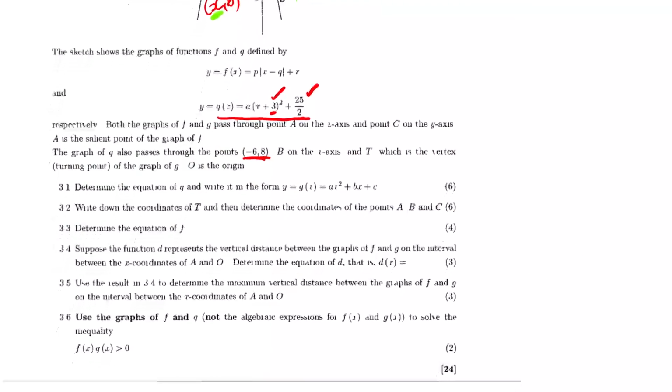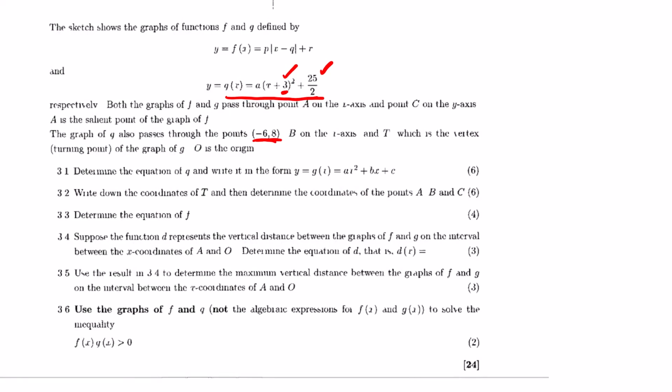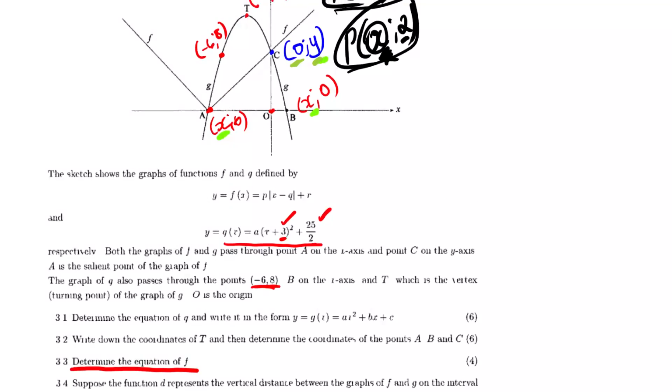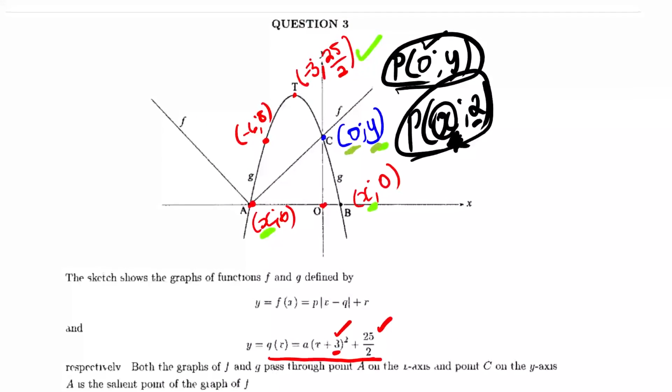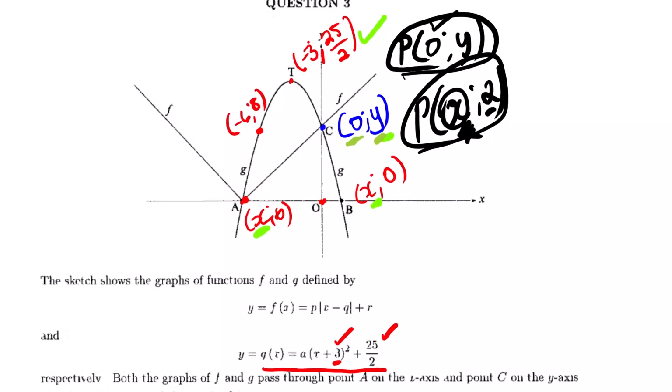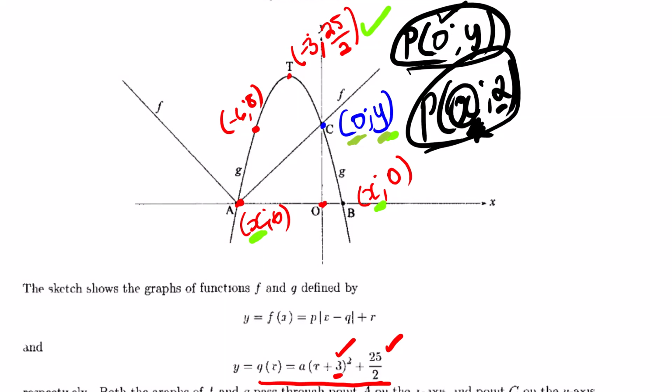Back to the question paper. Question 3. Determine the equation of f. So we are actually going to the absolute value graph. Going to our graph, there is a lesson video whereby we look at how to analyze an absolute value graph.